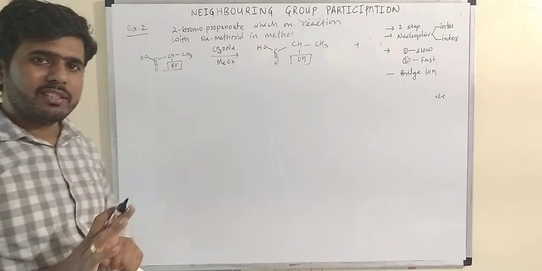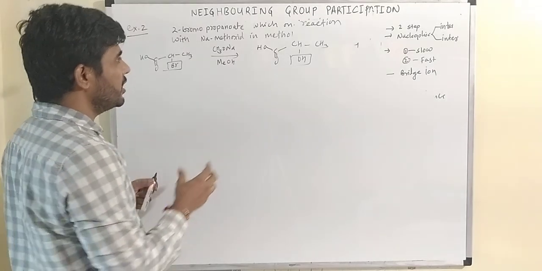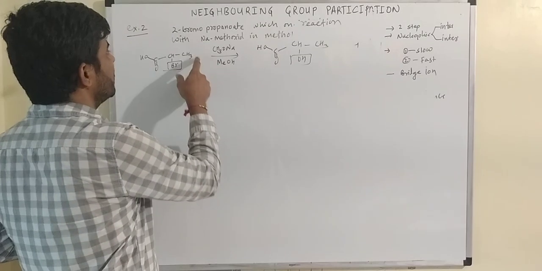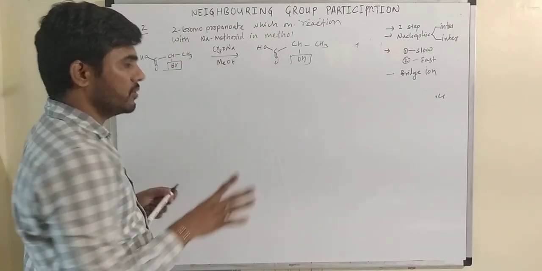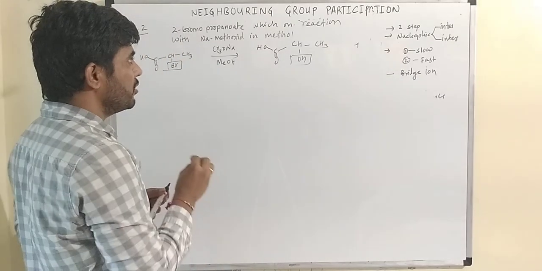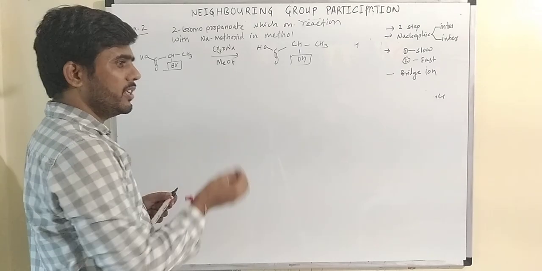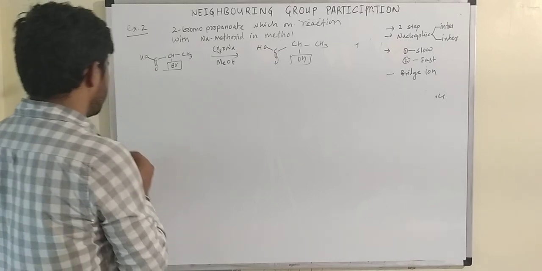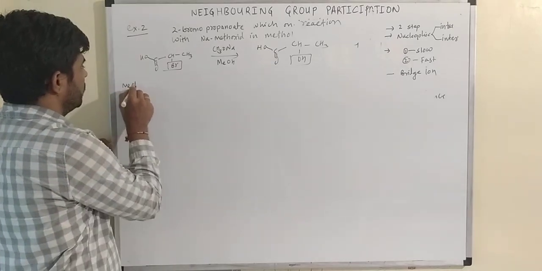So it is a simple substitution reaction, but it is very difficult to explain by simple nucleophilic substitution, where OH will attack here and the bromine departs. But by using NGP, it is very easy to understand and to show the reaction mechanism. So let us consider the mechanism.